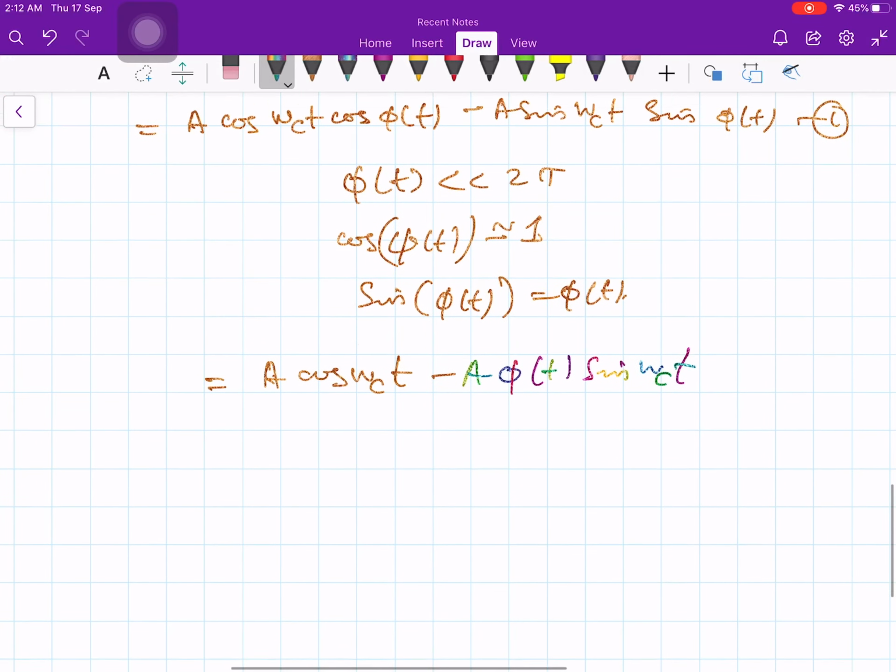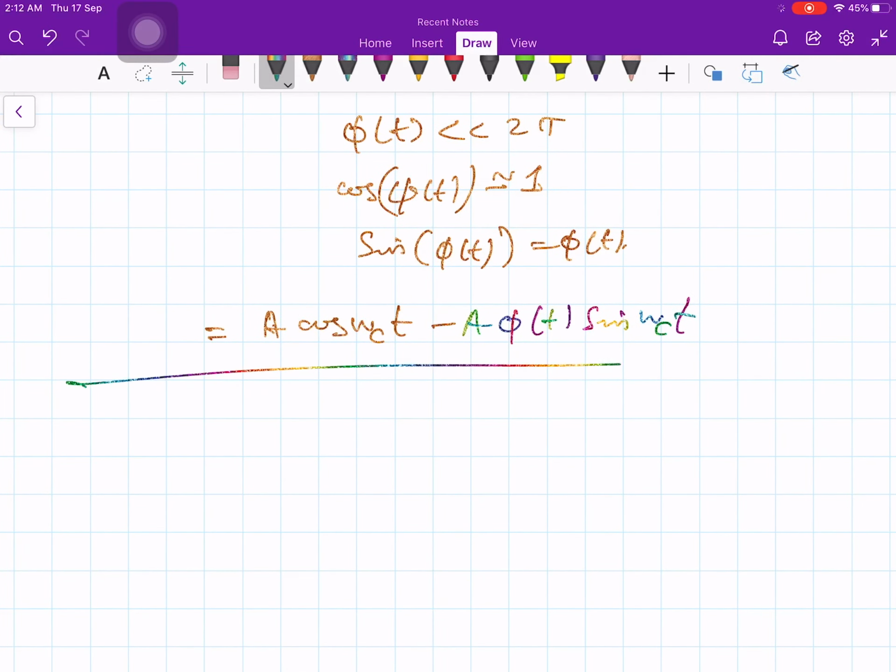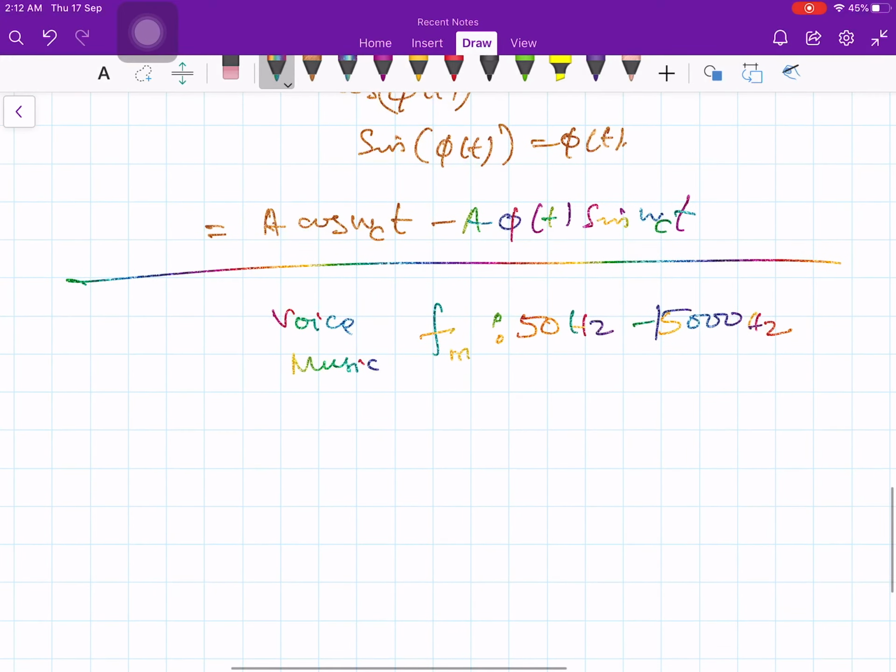Okay, that's it. Now if you recall, in the last lecture, we considered voice or music, and we said the typical bandwidth for FM is, let's say, 50 hertz to 15,000 hertz, right? Now we assumed beta is equal to 0.5.